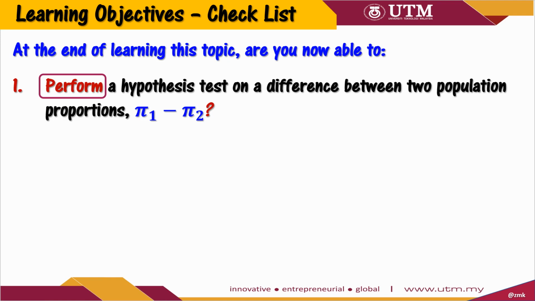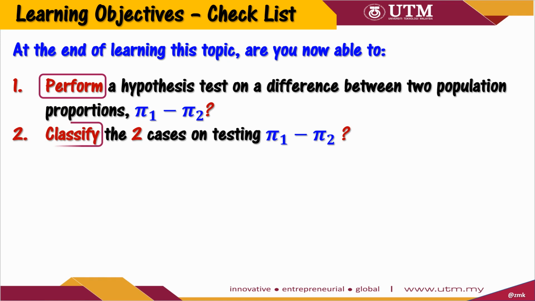Second, are you able to classify the two cases on testing pi1 minus pi2? The two cases depend on the value of a difference between the two proportions under the null hypothesis H0.